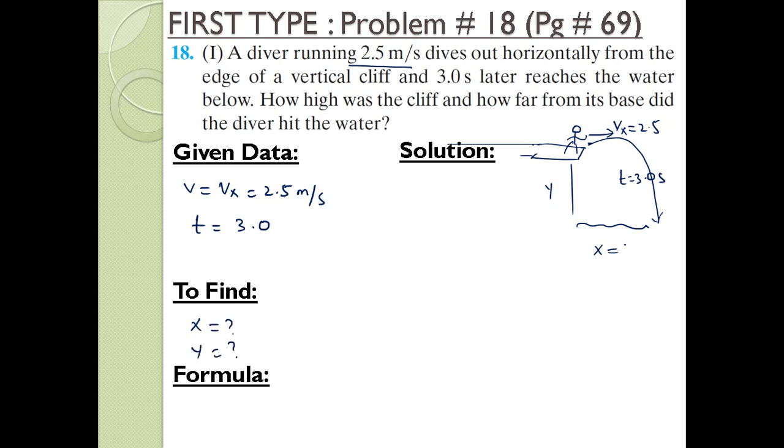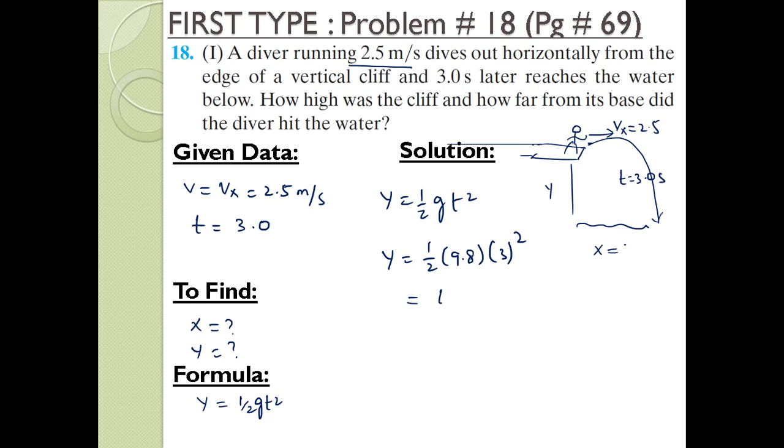First of all, I will go for y because y is easy. I have the time. I just need to substitute values. So y is equal to half g t square. So y is equal to half times 9.8 into 3 square. Time was 3 seconds.